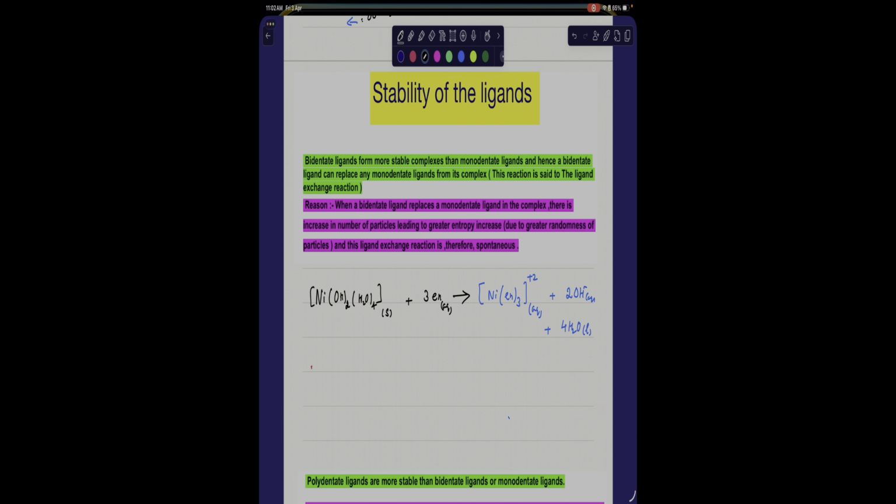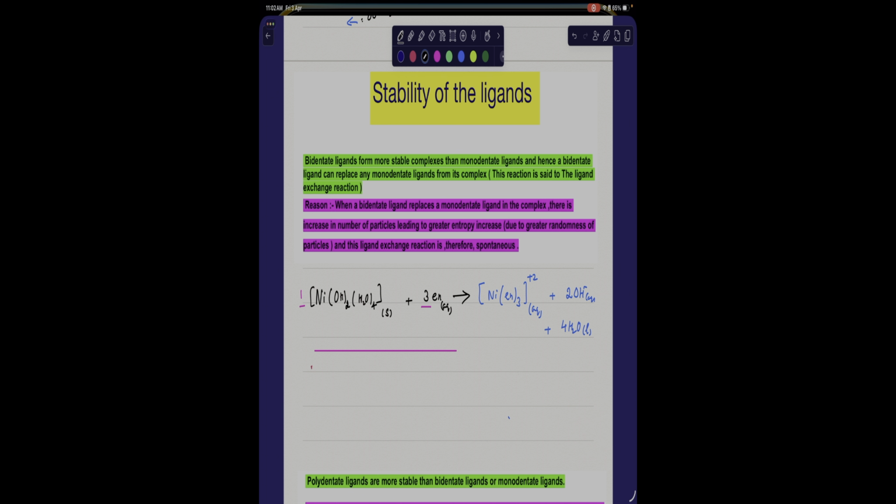All right. So now, if you please have a look at the wording, when a bidentate ligand is going to replace a monodentate ligand, there is a change in number of particles. How can I explain to you? Look at the number of particles on the left side of the equation. You can see there are 3 en ligands, and this complex is considered as 1 particle.